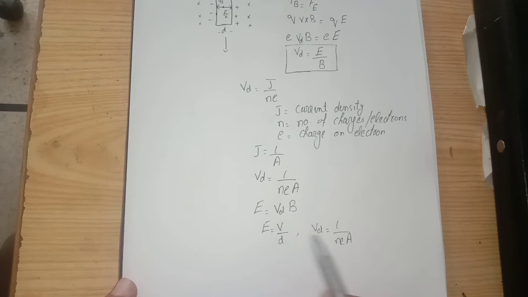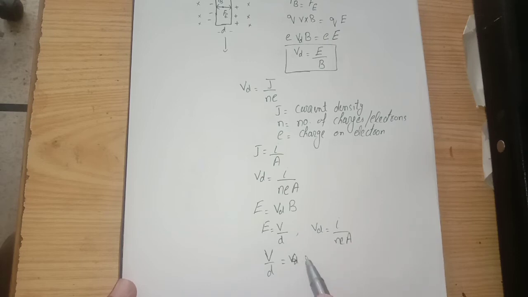Substituting both these values into this equation will result in V by D is equal to I over NEA into B.